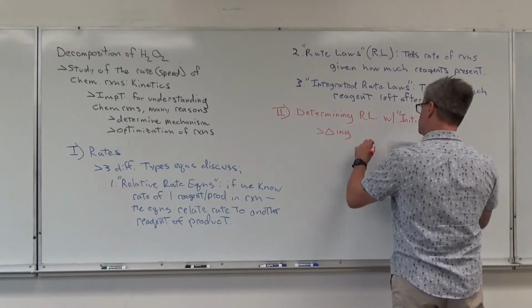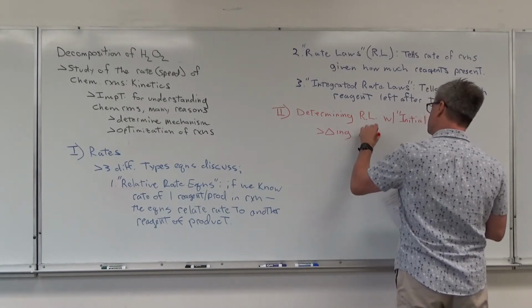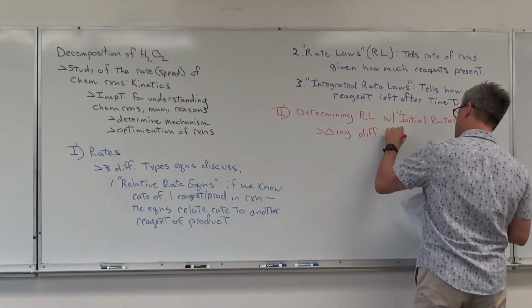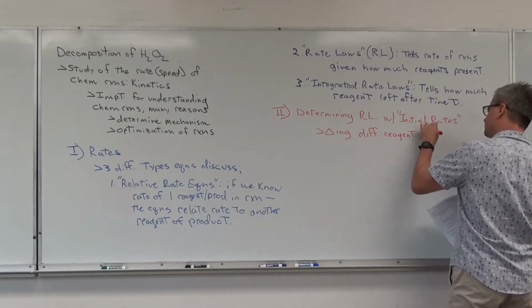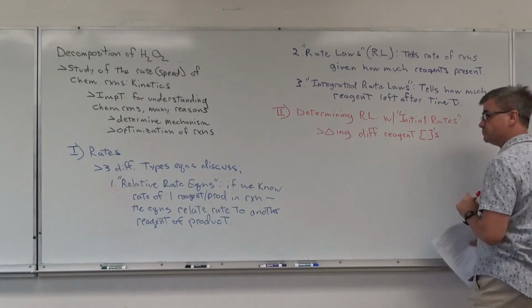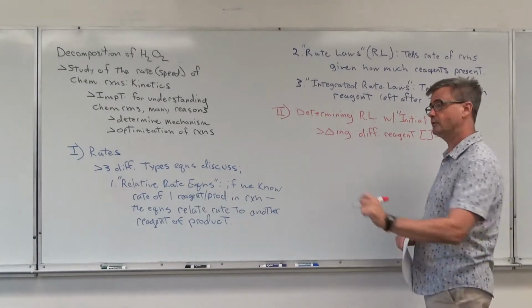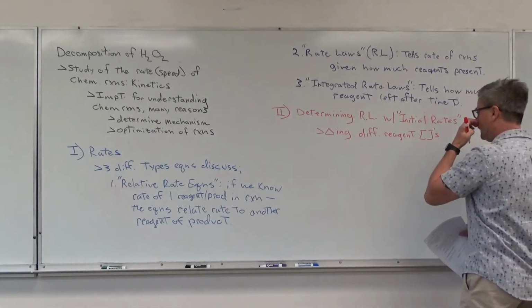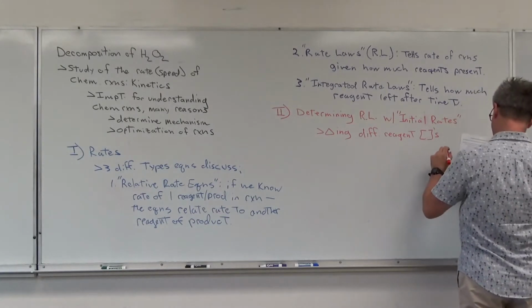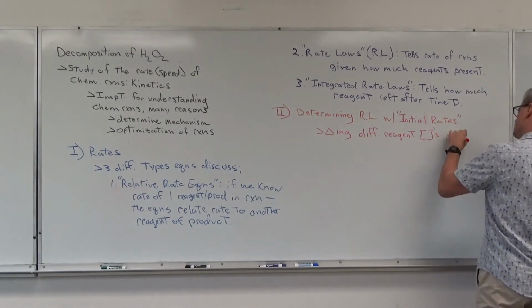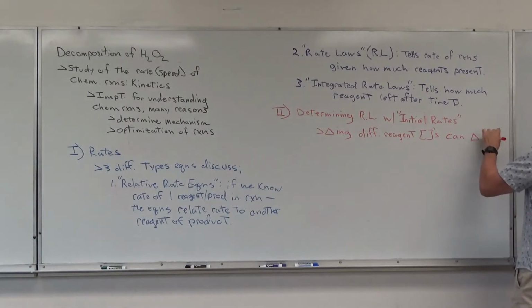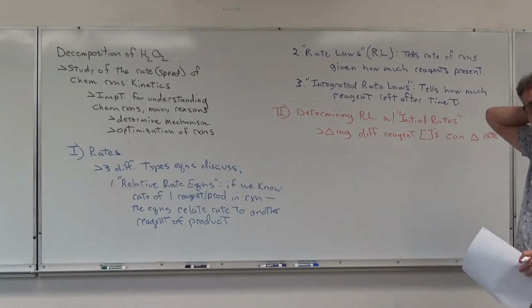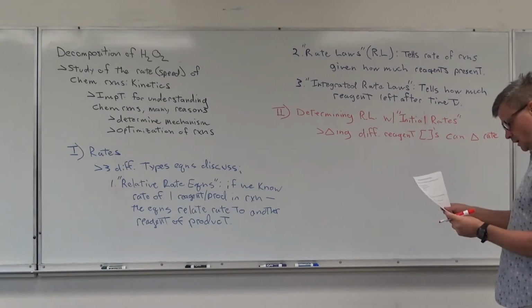So, changing different reagent concentrations, that's my symbol for concentrations, I don't have to write out that whole word. Changing different reagent concentrations can change the rate.